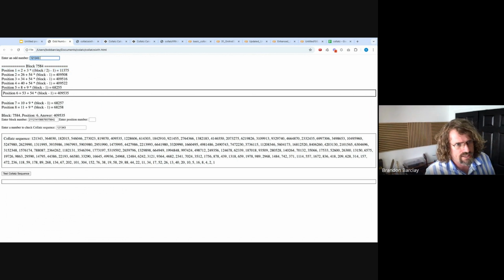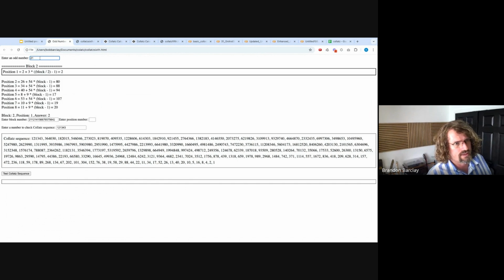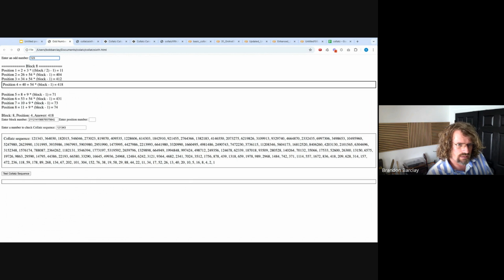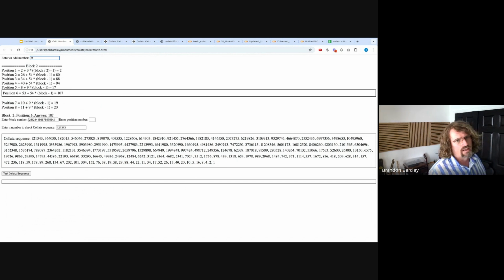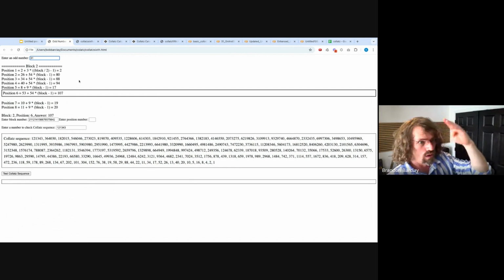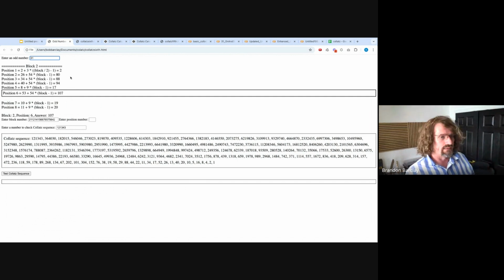So when I take a number, this has a specific starting number as well, which I think is 5. If I take a number like 31 and find the block of that, we'd find out that it's block 2, right?